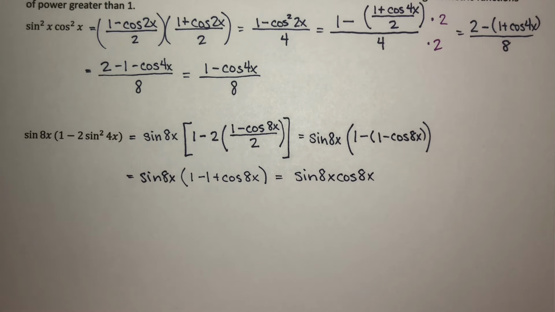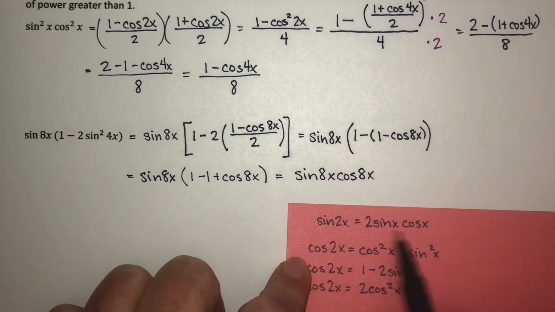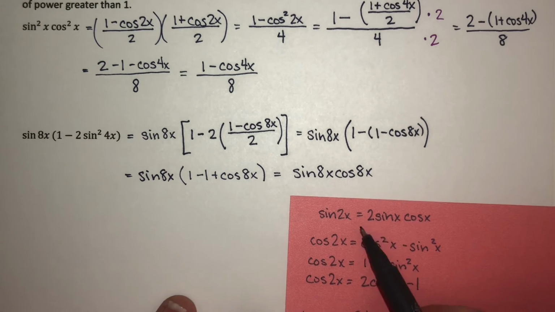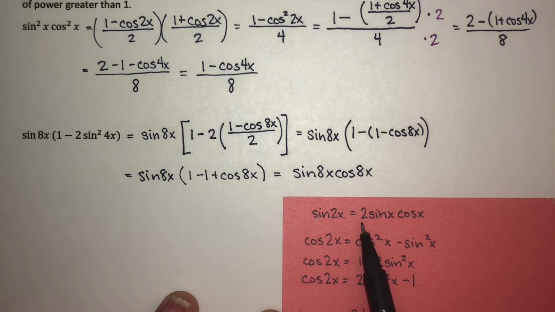Now this is fairly simple, yes, but often they will want you to recognize that you can generally go one step further. Notice that this is almost exactly this. It is the double angle formula without the 2 in front.